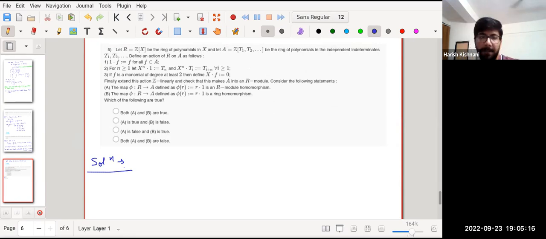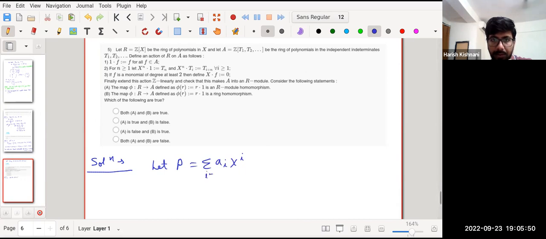So let us first pick two elements from the ring R, which is a polynomial ring in the variable X. So we are supposed to take polynomials. Let me denote one polynomial by capital P, which is the summation of a_i x to the i, i equal to 0 to n.